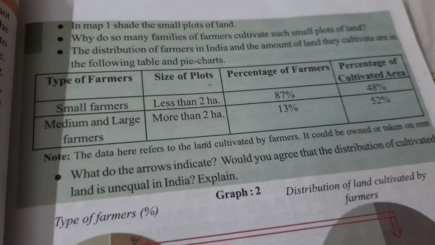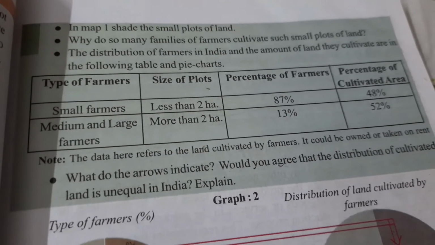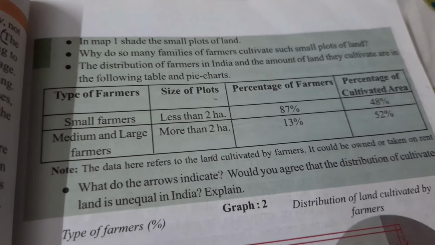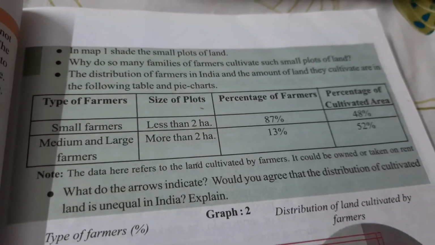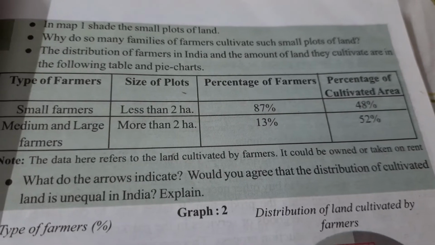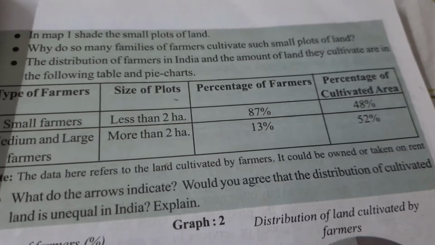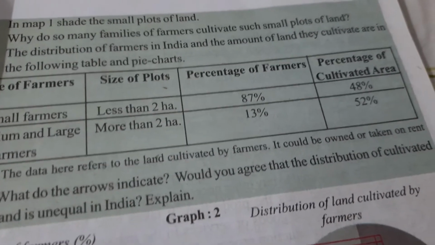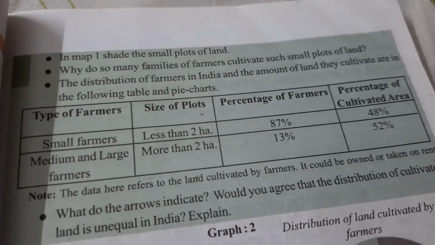The small farmers comprise 87%, and the medium and large farmers are only 13% in the village. That means the medium and large farmers are very less in number, whereas the small farmers are very big in number. And how much land area is cultivated by 87% of farmers? 48%. Only about half of the land is cultivated by 87% of the farmers, whereas 13% of big farmers or medium farmers are cultivating 52% of land.